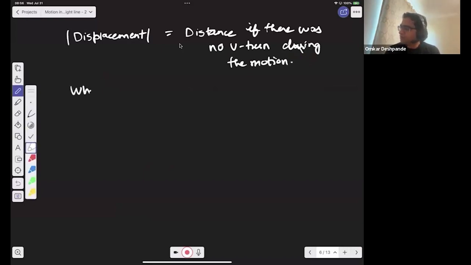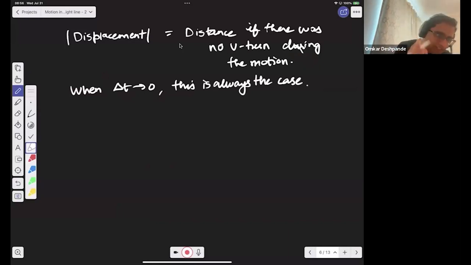And when delta t approaches 0, this is always the case, because any U-turn requires some time and we are not giving any time. We are saying our infinitesimally small time interval is too short for a U-turn to happen.